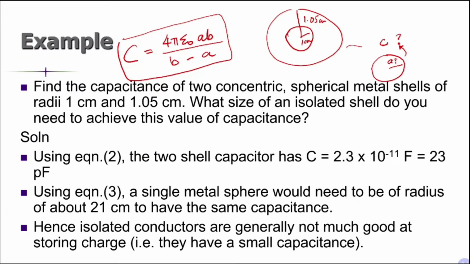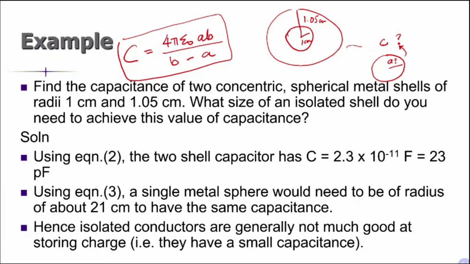Okay, if you put in the values, you should get the capacitance equals 2.3 times 10 to the minus 11 farads, or 23 picofarads. And then for the isolated shell, that shell needs to have a 21 centimeter radius to create the same capacitance.